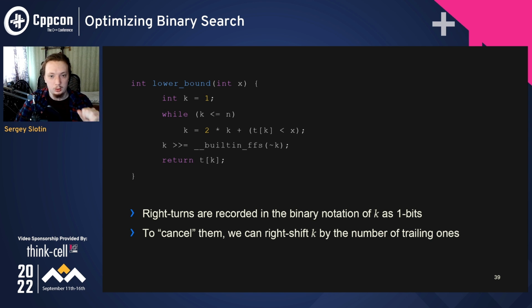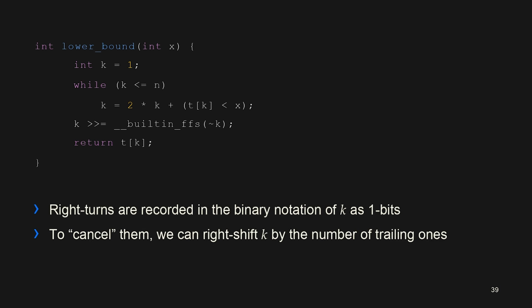So since we need to cancel the longest suffix of 1 bits in k, we can negate its bits and then call this find first set intrinsic, which tells us the number of zeros in the inverted number, which is the same as the number of trailing ones in the original number k. And then we just shift k by exactly that amount.